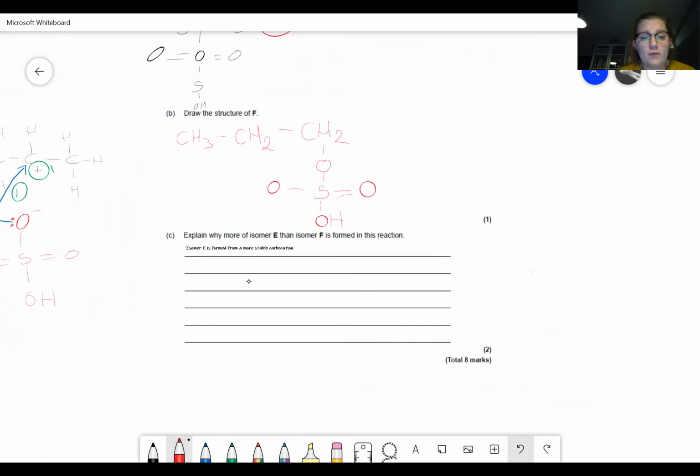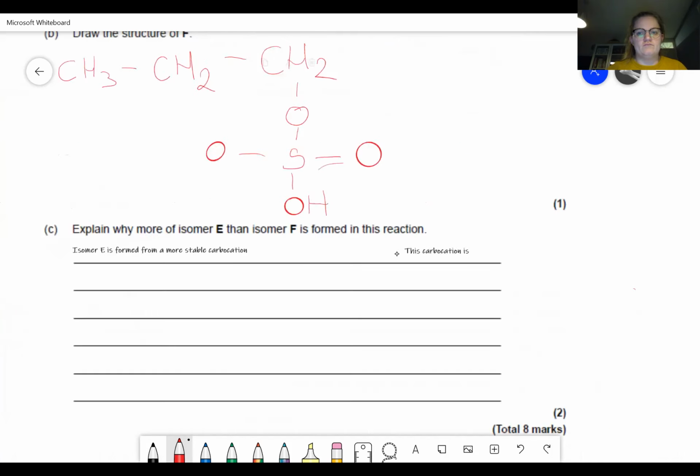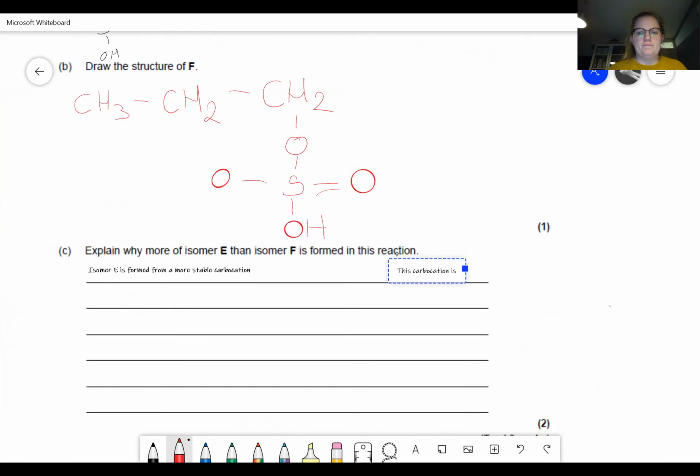So isomer E is formed from a more stable carbocation. This carbocation is more stable as it has a greater amount of alkyl groups attached to the positive carbon.